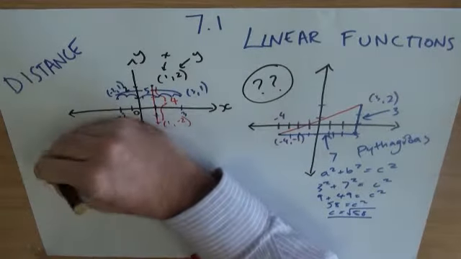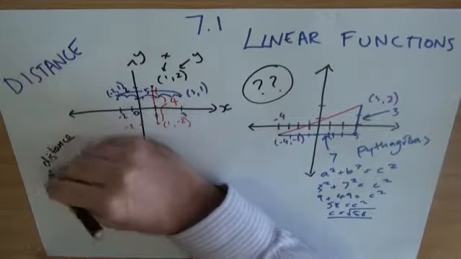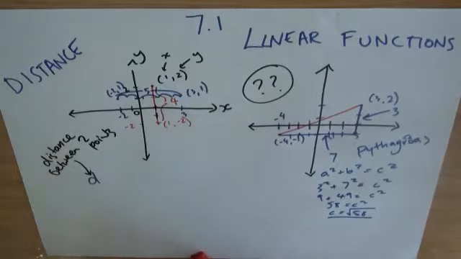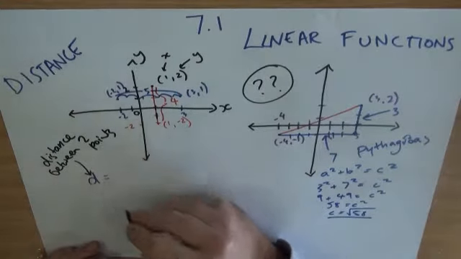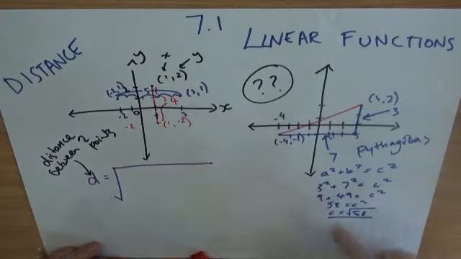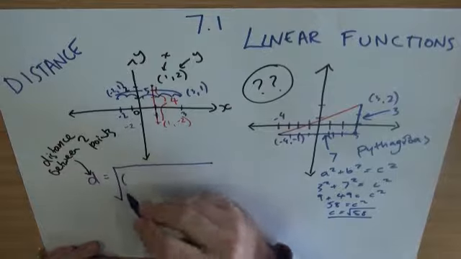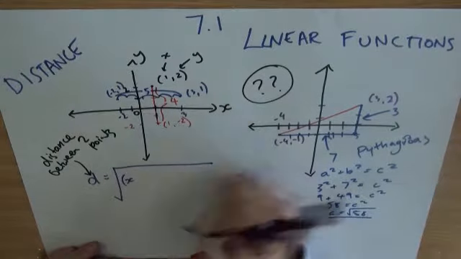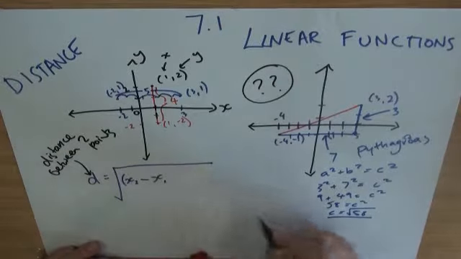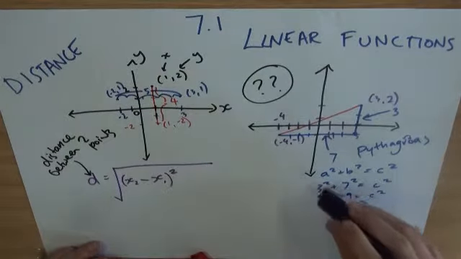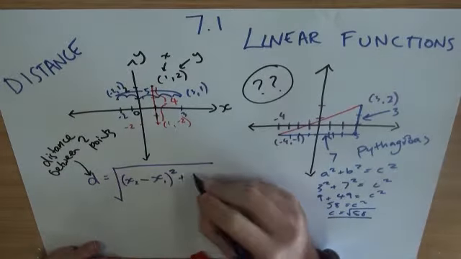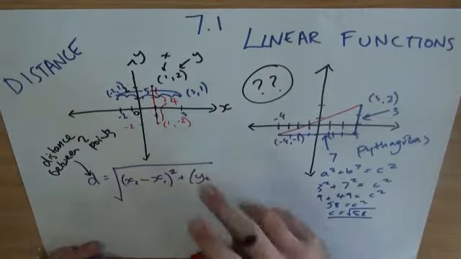Here we go, d is distance between 2 points is going to equal the square root, remember this relates to this square root over here, so a big square root of an x value, we call the first x value x2, another x value, x1, squared. Just like over here, how we got to that 3 there. Okay, and then we're going to add y value 2.